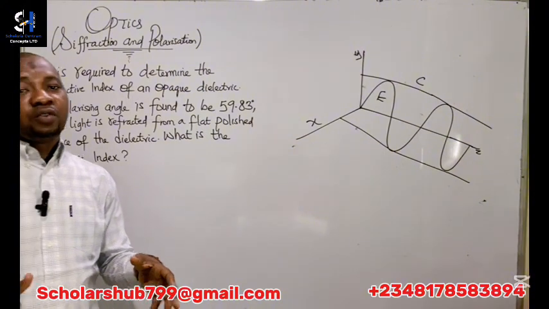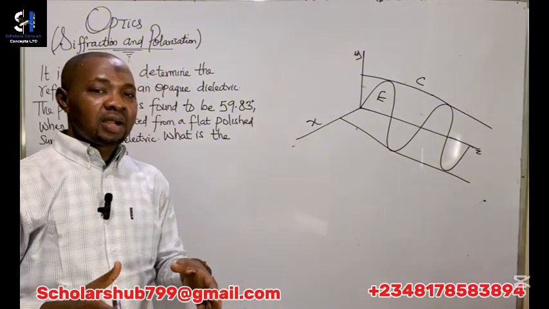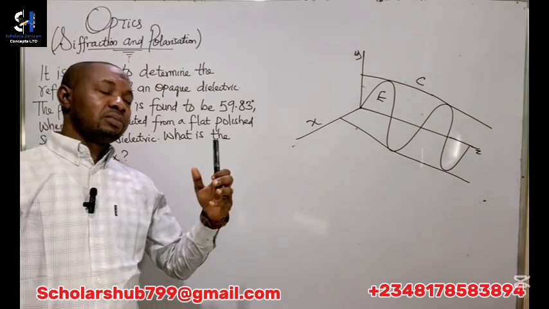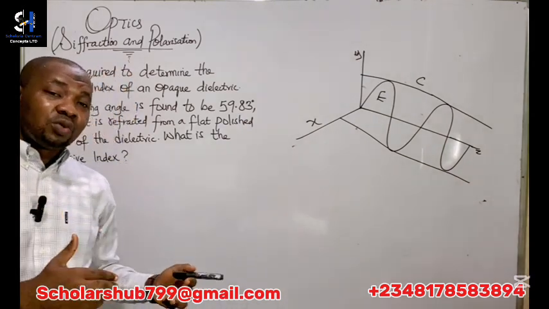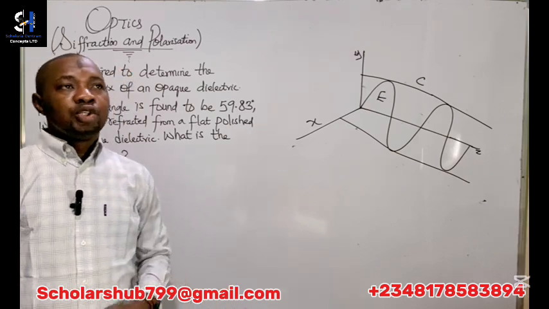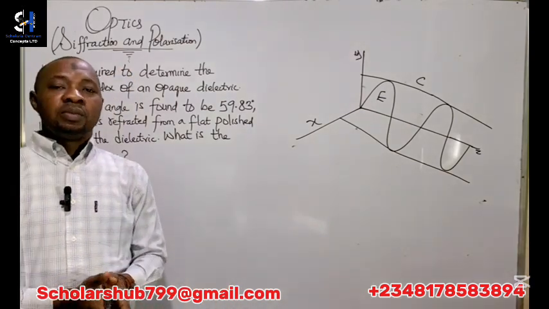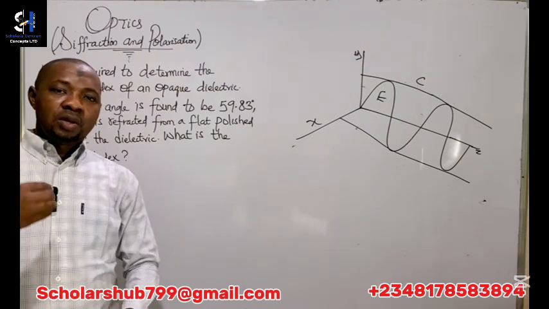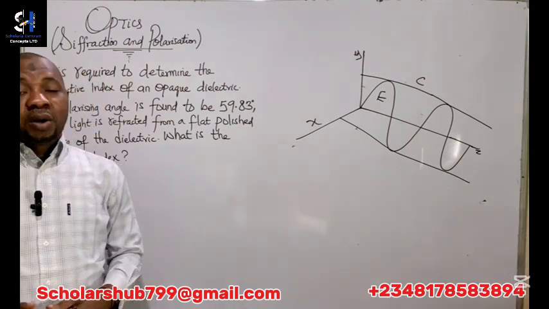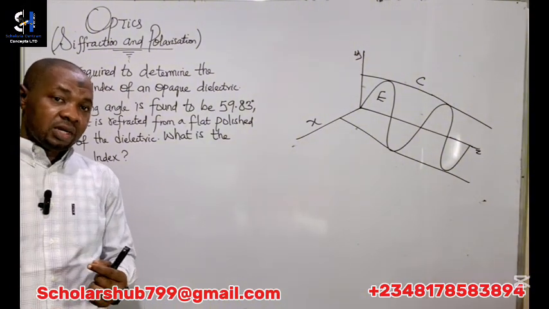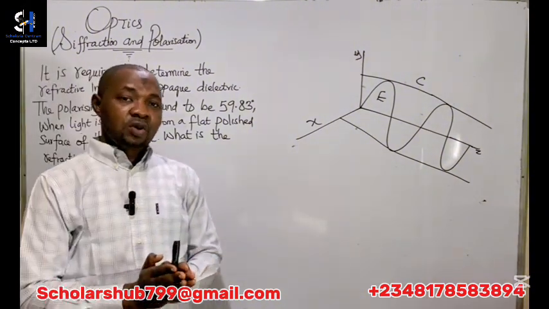In the case of circularly polarized light, the electric field vector stays constant in magnitude but rotates about the direction of propagation.